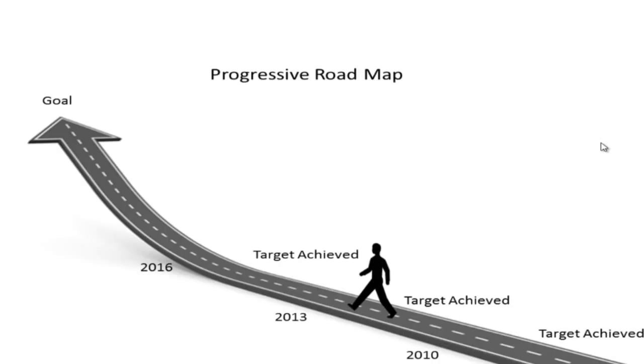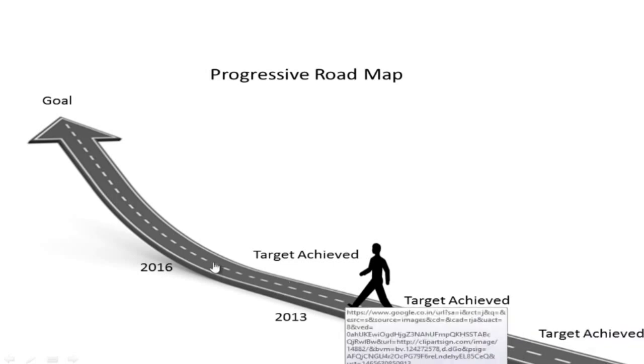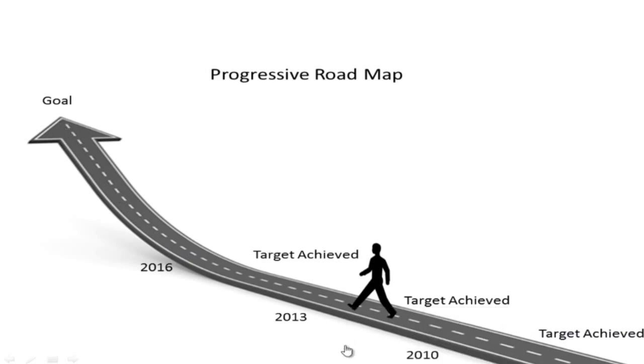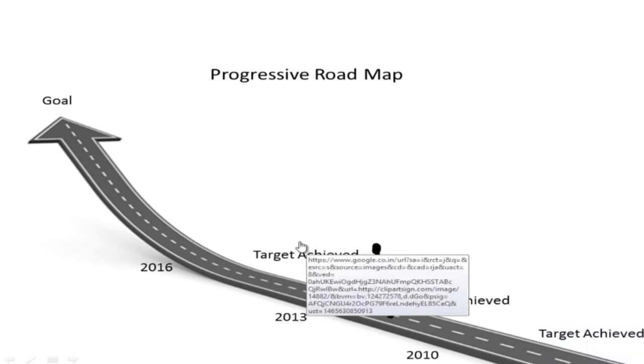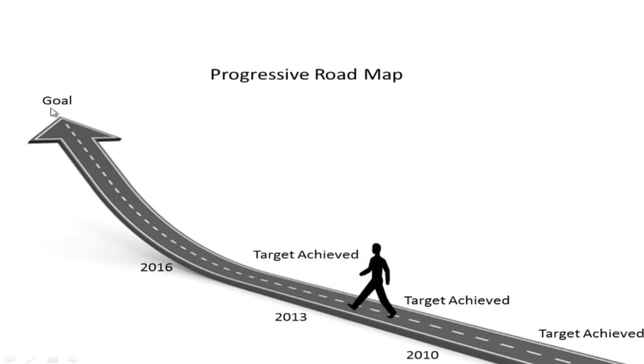This is another example, a progressive roadmap, where on this particular road these are the targets achieved, and again this road is heading towards a goal. In the same way, we have shown the time here along with each target that has already been achieved, and then this is the final outcome of the goal.